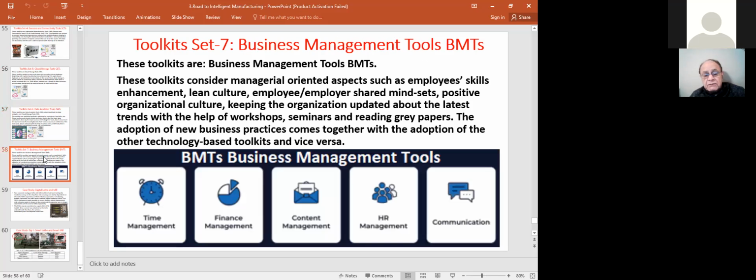And another set of tools are called BMTs, the business management tools. And business management tools you employ for time management, finance management, content management, human resource management and communication.